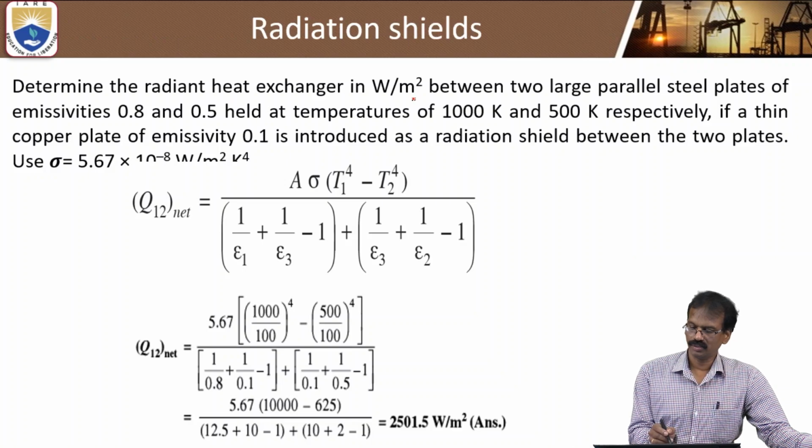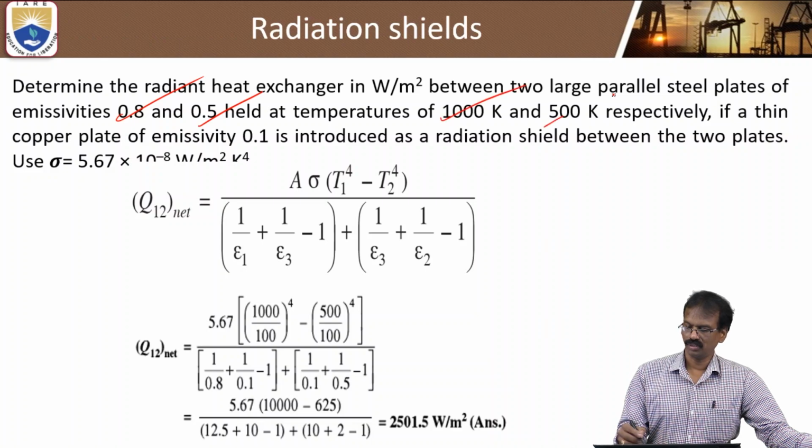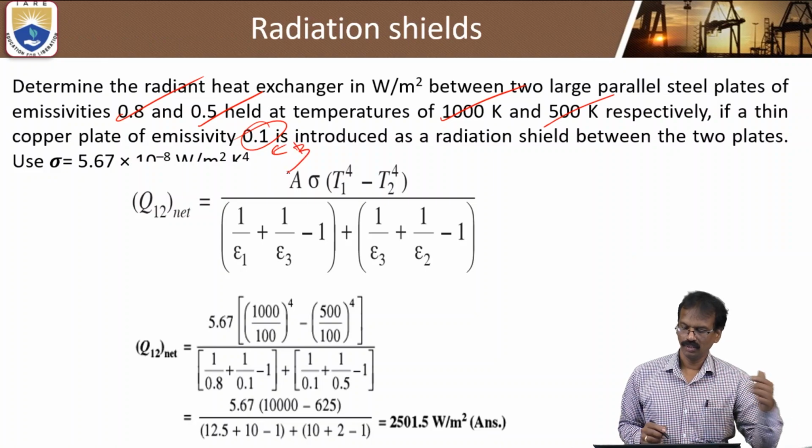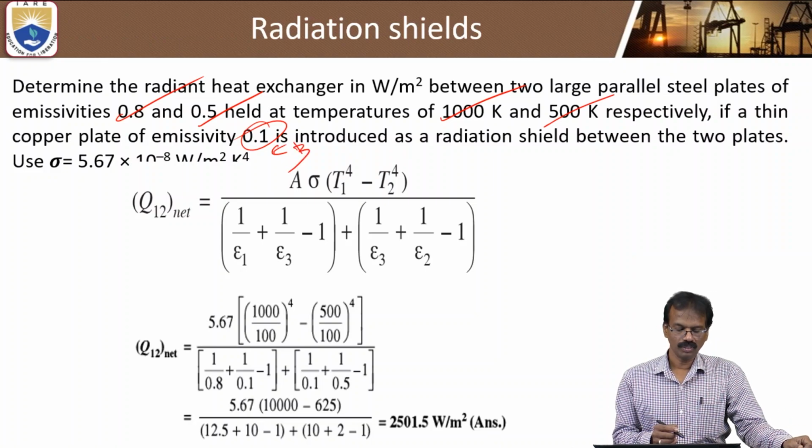This is one more numerical, to determine the radiant heat exchange between the two plates. Emissivities of the first plate are given, the second plate also given, temperatures also given. If a thin copper plate is placed, here also a shield is placed, epsilon 3 is equal to 0.1. First of all, Q12 net.